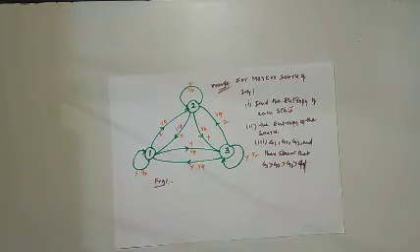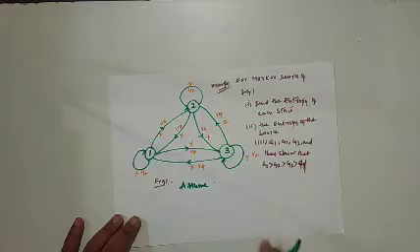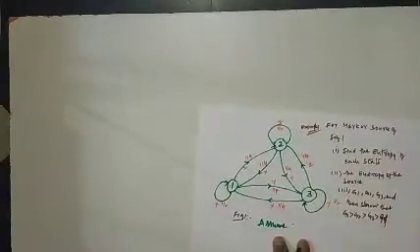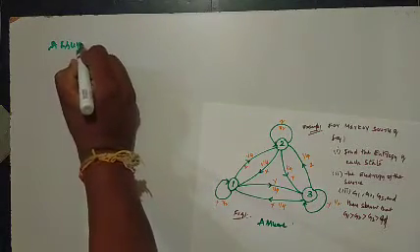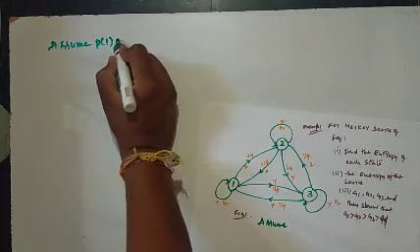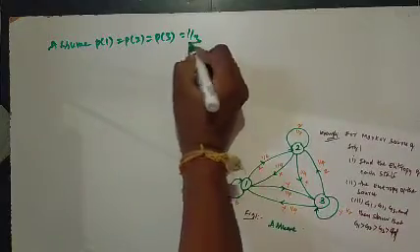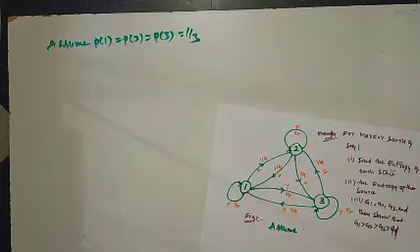Now, from the figure, we have to assume that the probability of occurrence of the first state, second, and third is equal to 1 by 3. The question itself gives this: assume P of 1, P of 2, P of 3 is equal to 1 by 3.